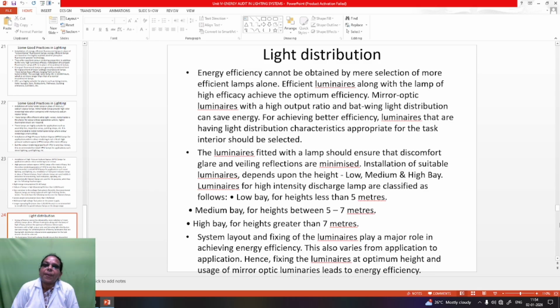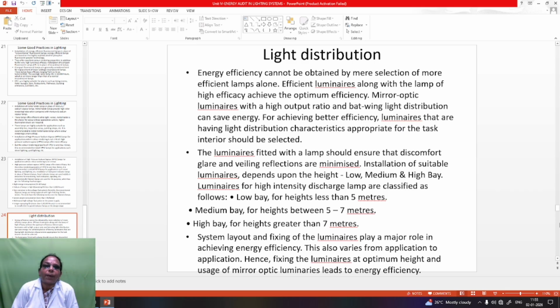For achieving better efficiency, luminaires having light distribution characteristics appropriate for the task interior should be selected. The luminaire fitted with a lamp should ensure that discomfort, glare and veiling reflection are minimized.